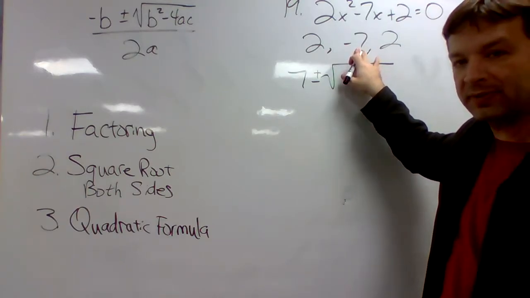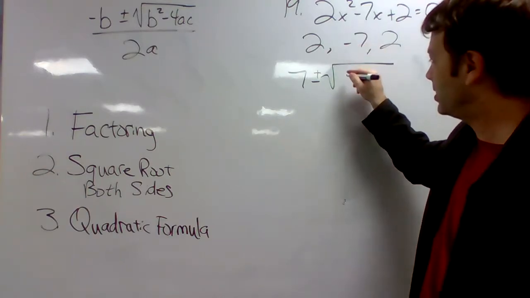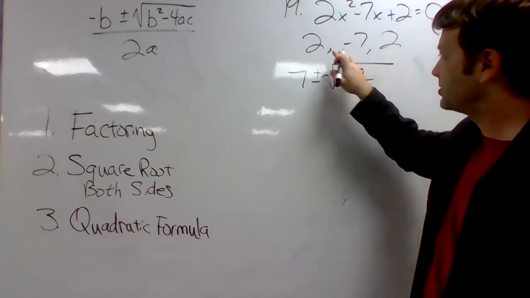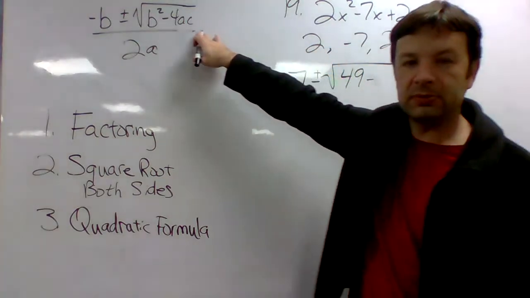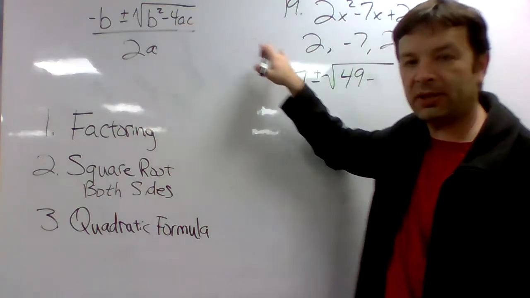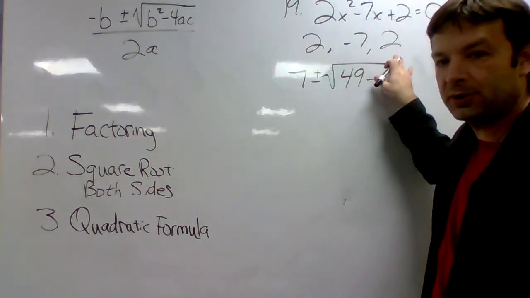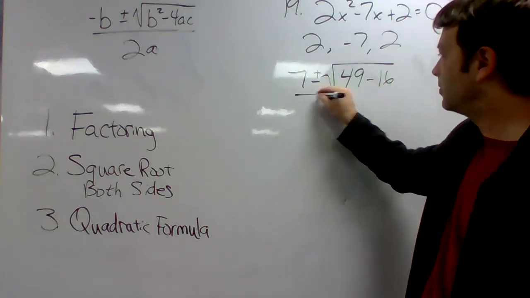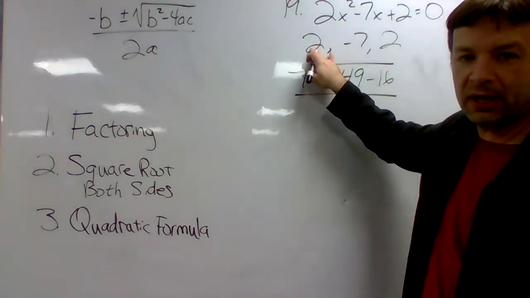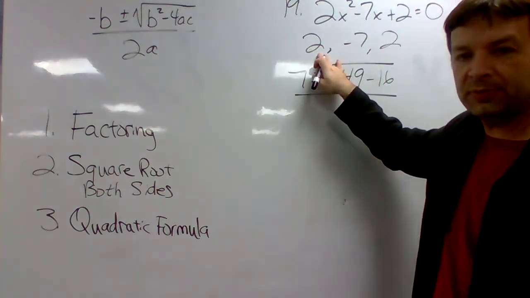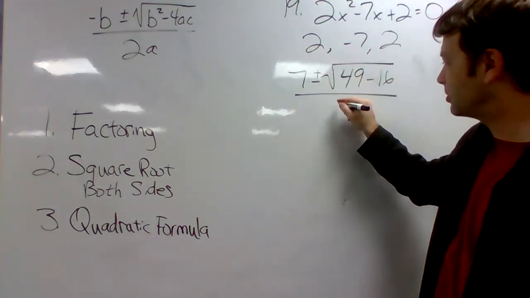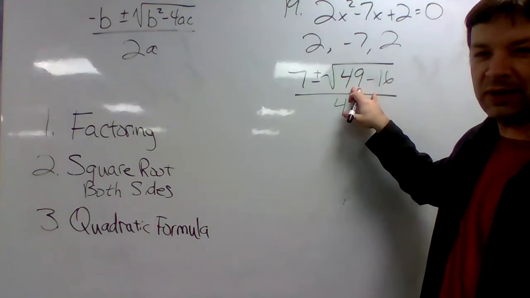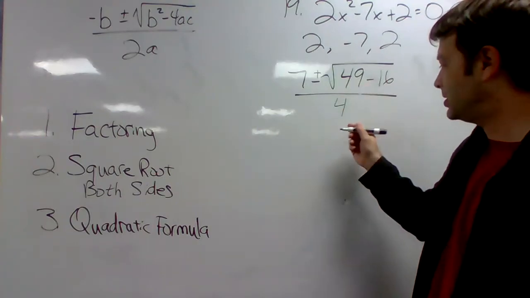Negative 7 times negative 7 is positive 49, minus 4 times A times C, 4 times 2 times 2. 4 times 2 is 8, times 2 is 16. Over 2 times A, 2 times 2 is 4. Okay, 49 minus 16 is 33.